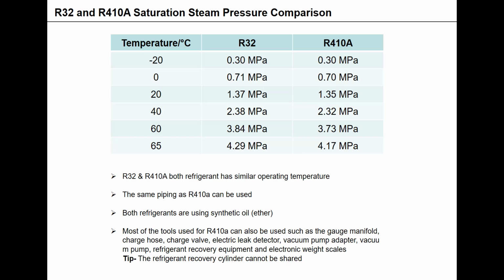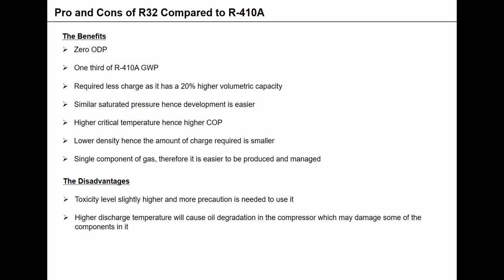You can use the same equipment you were using for R410A for R32, except the refrigerant recovery cylinder, that is the storage cylinder, which should be different. Otherwise there are no other difficulties.